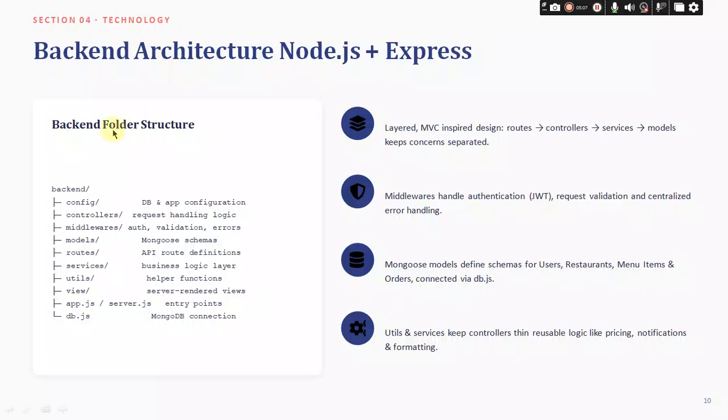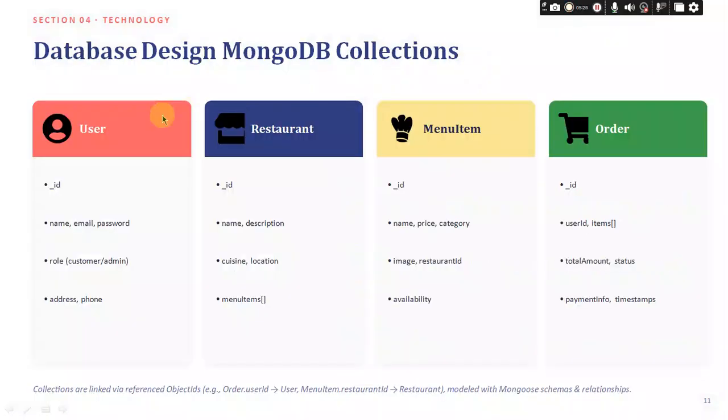Then the backend architecture is like this. There are also node_modules, but they are not shown because you can download them by running the npm install command. In the backend architecture, we use Node.js and Express.js.